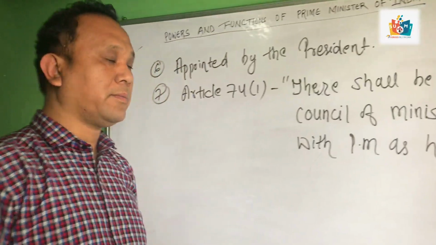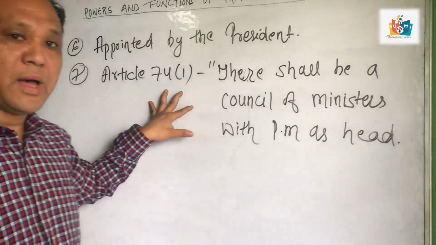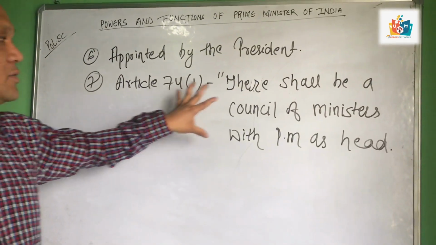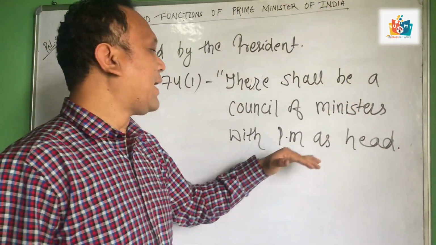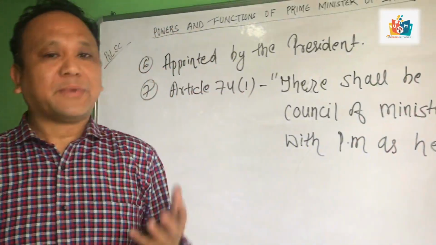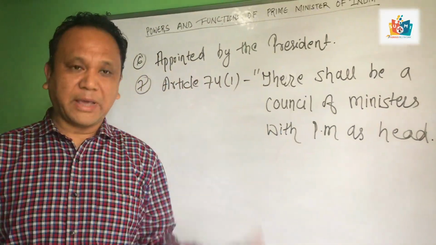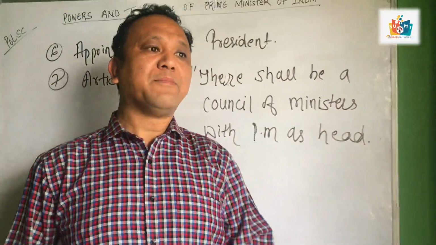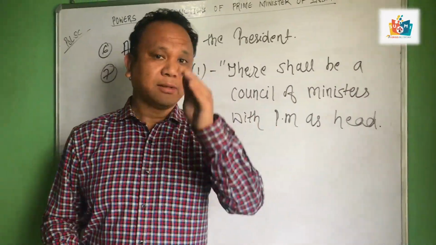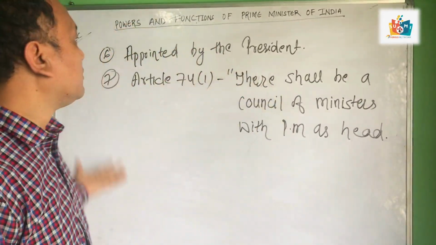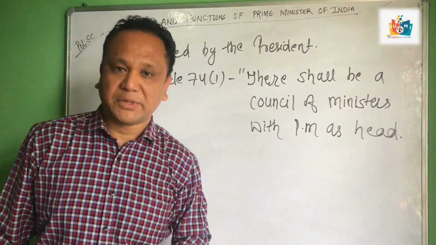Please bear in mind this article, Article 74 Clause 1. It means the Prime Minister is all in all. He is the head of the government. He is a decision maker. Every decision, every plan and policy depends on his decision. So these are the important points related to this topic, Prime Minister.